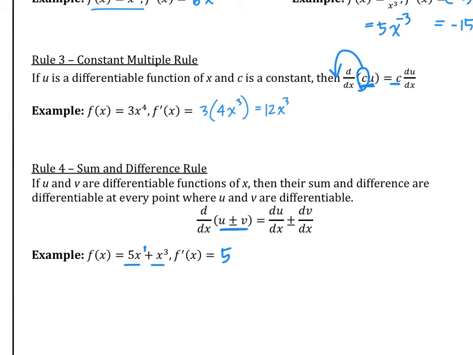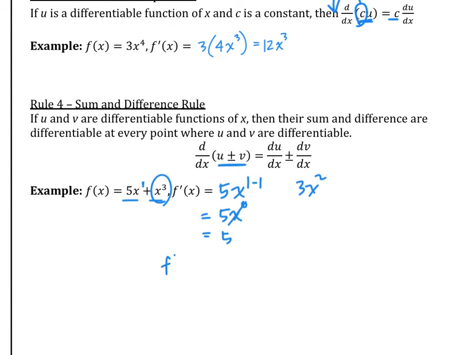The power rule says put the 1 in front, which is kind of irrelevant, and then power minus 1. So that becomes x to the 0. x to the 0 is just 1, so that part is just 5. And then the derivative of x cubed gives us 3x squared. So the overall derivative is 5 plus 3x squared.